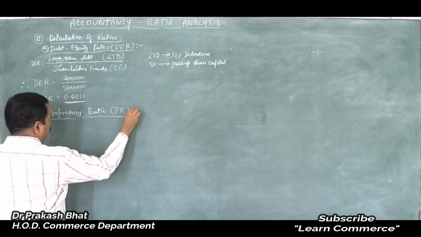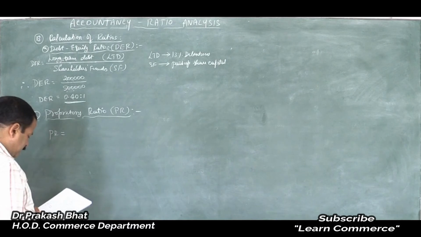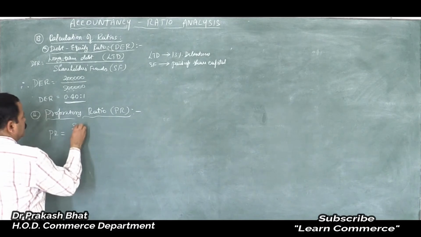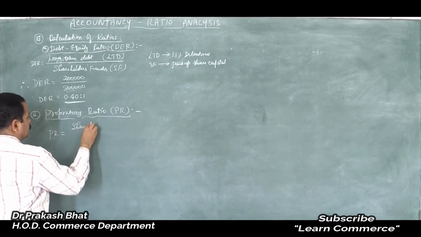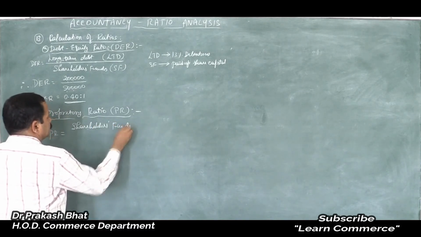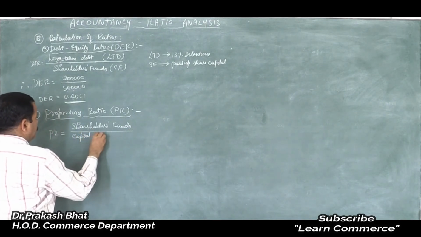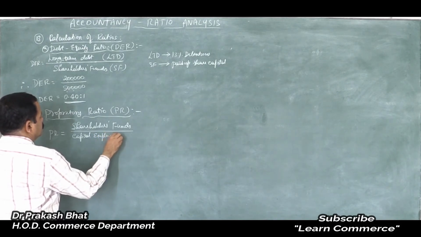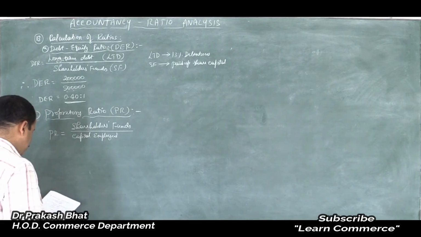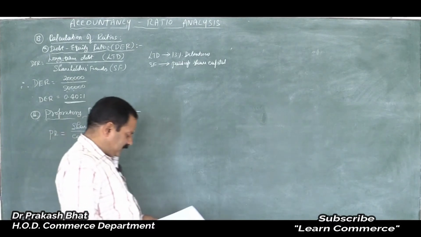PR, proprietary ratio is equal to shareholders funds divided by capital employed. Capital employed, that is long term debt plus shareholders funds, isn't it?